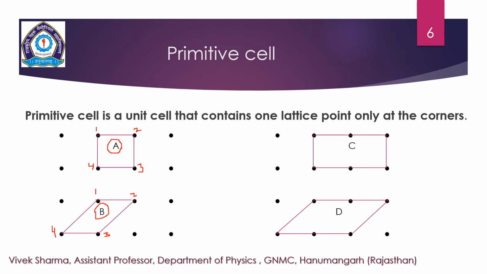So these two structures A and B are unit cells as well as primitive cells, because the repetitive application of these cells will produce a complete crystal structure. And second point, at each corner a lattice point is there, and no other atom exists within this primitive cell except at the corners.